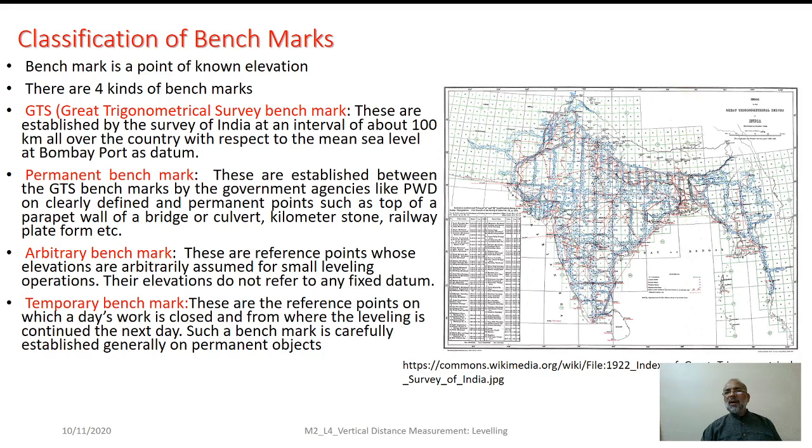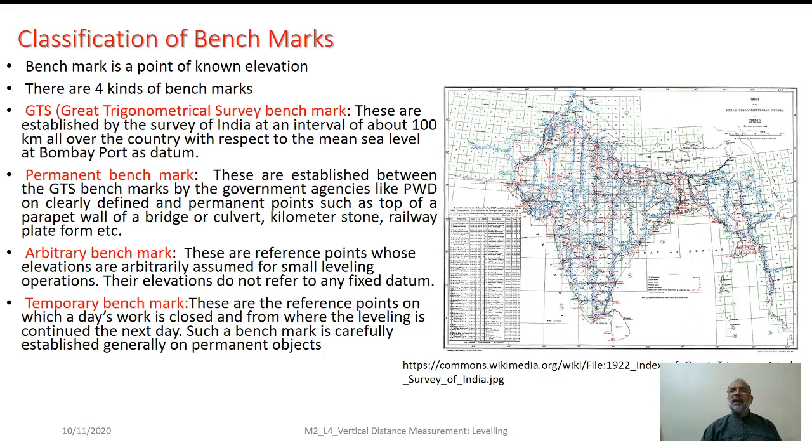Here on the right side, you see the chain of these particular triangles. As you know, it is nothing but the triangulation network. So, with reference to these triangulation networks, one will be establishing the network of these GTS benchmarks.